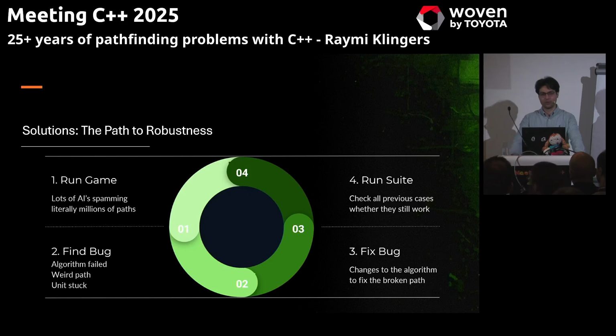Then whenever the algorithm would flag it as a failed or broken path, or whenever I would see a weird path, or a unit that got stuck in an obstruction, I would output the path, take it to my application to debug it, and fix up the algorithm until the broken path was functional again. And then I would run my test suite that I've generated, because every test case that I've gathered in the past, I can check again by running it and see if it still works.